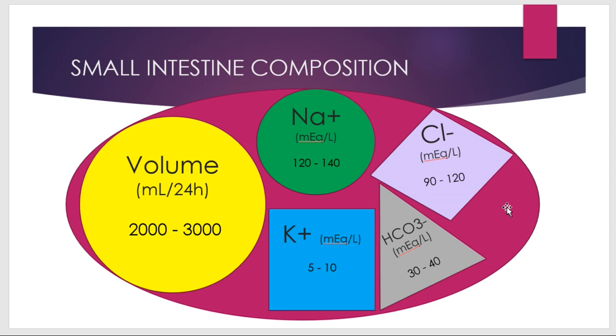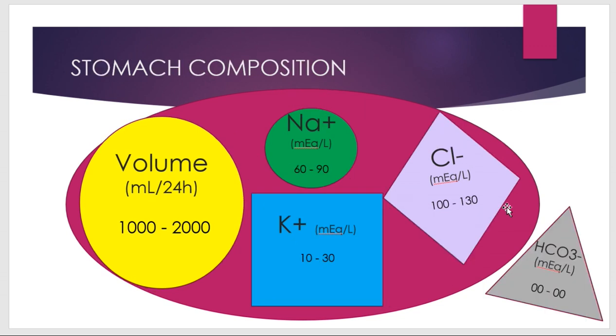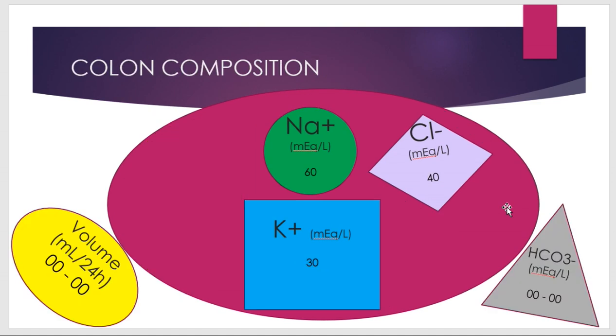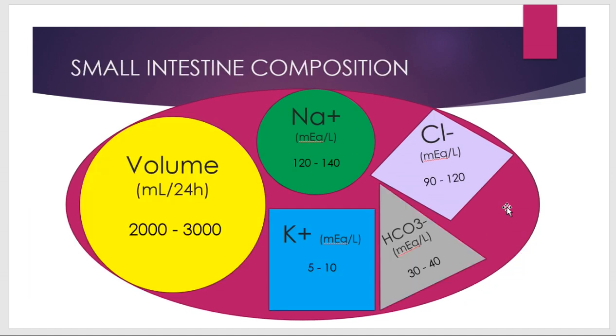So as far as the bile, the pancreatic juice and small intestinal secretions are concerned, these three secretions have bicarbonates as a part of them. But gastric secretions and colonic secretions don't have bicarbonates, right?